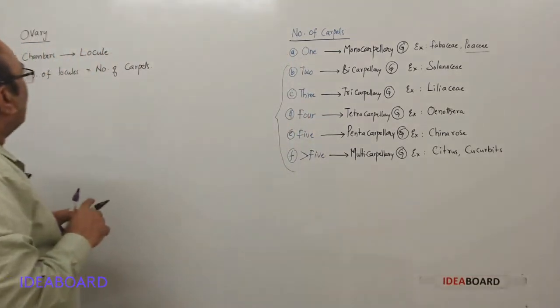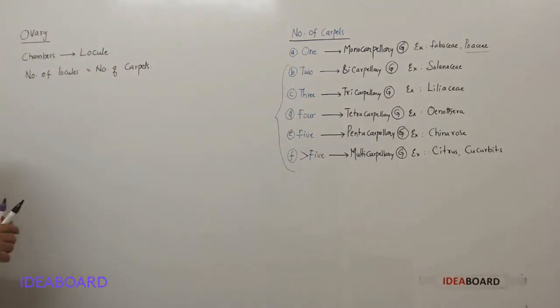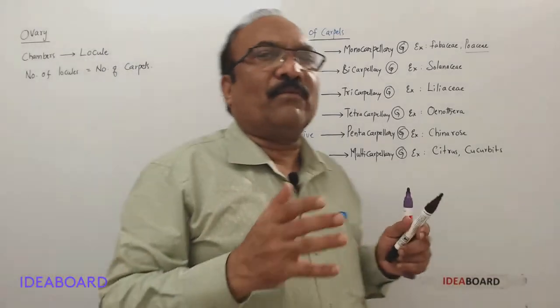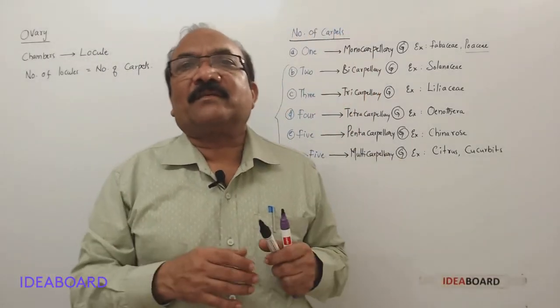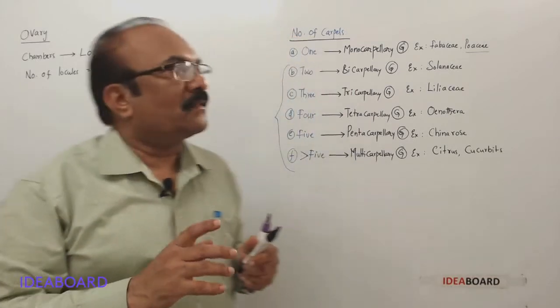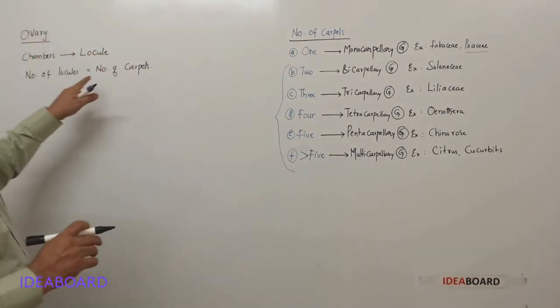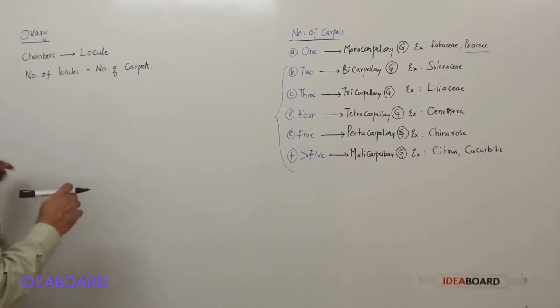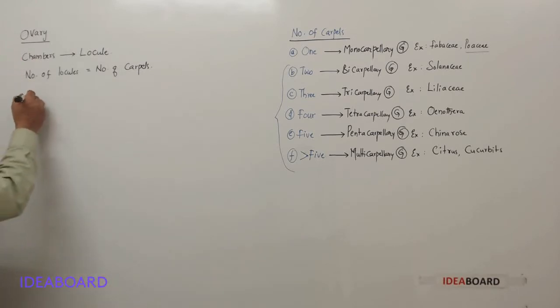Now how many locules are present in the ovary? How many chambers are present? Generally, that number is equal to the number of carpels. Based on that, generally we describe like this.